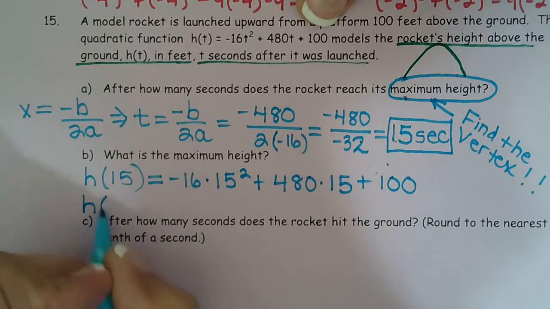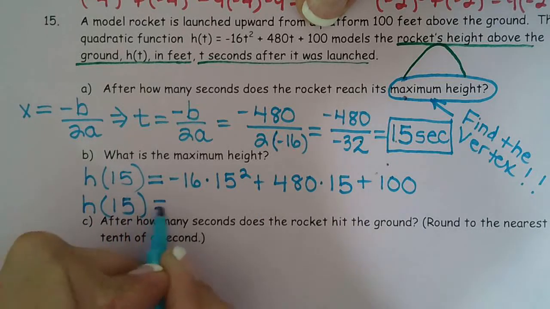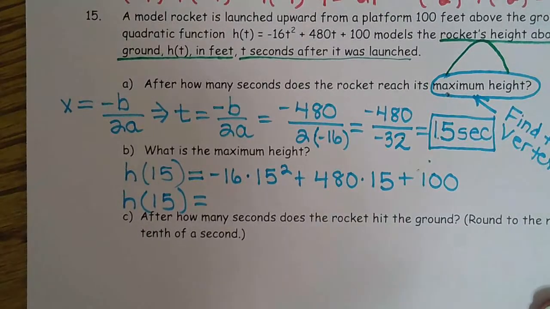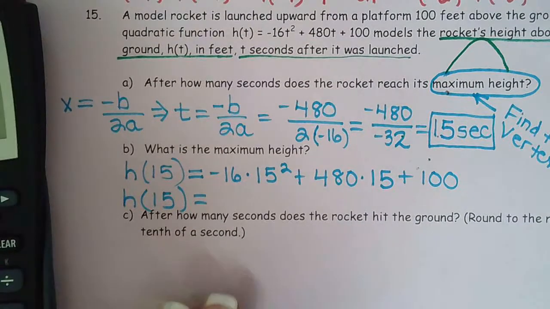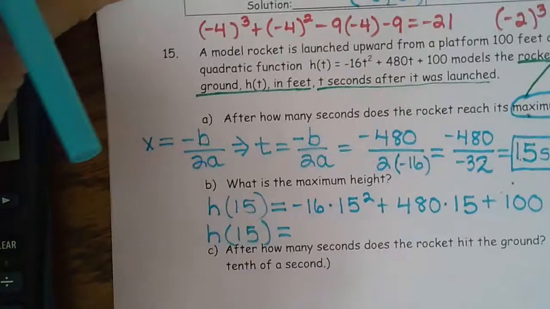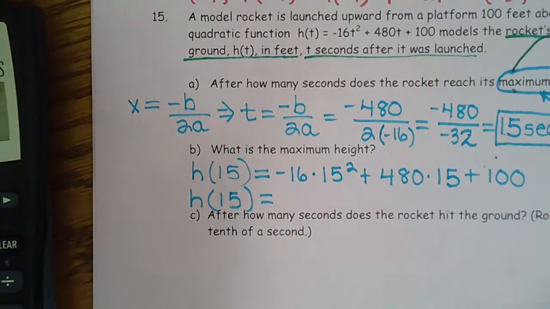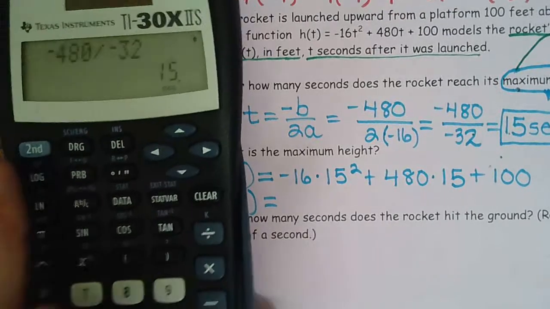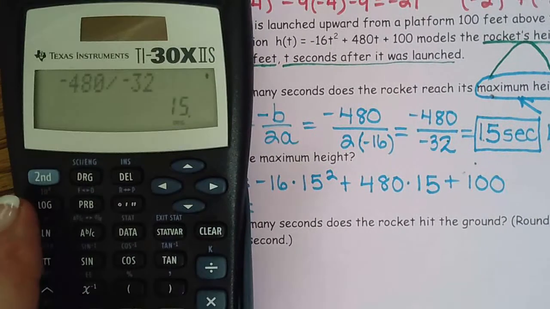So the height after 15 seconds is going to be, and now we're ready for the calculator. How are we going to get this all in the same screen? Okay, I think we can do that now, right? Because we only need this part of it.